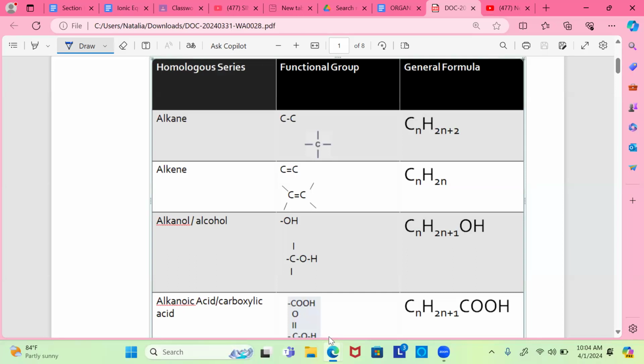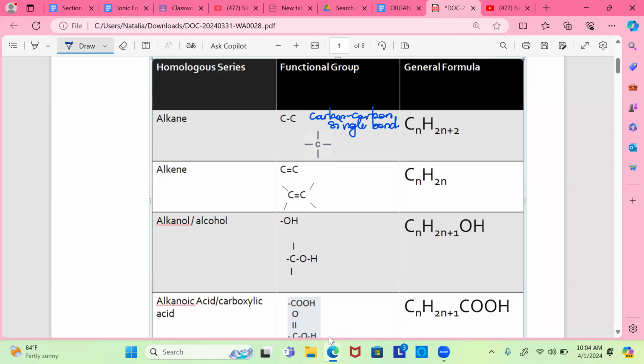So for alkane, the functional group is the carbon-carbon single bond. So in an alkane, you will only see carbon single bonds, and the general formula is CnH2n+2. Alkene has a carbon-carbon double bond.